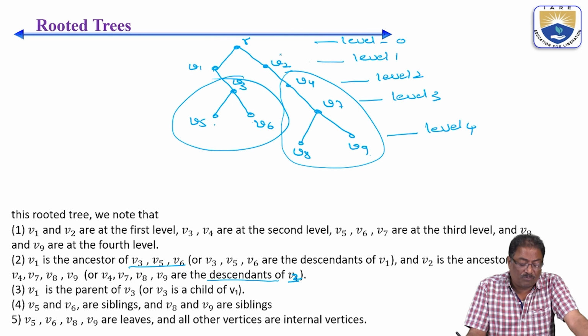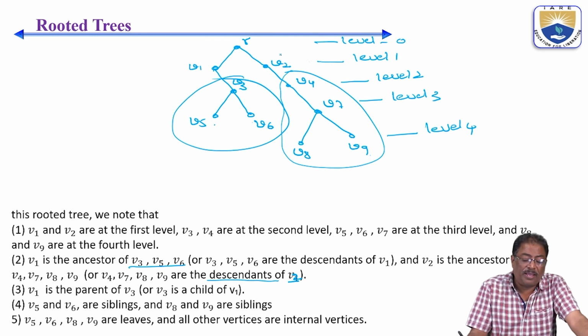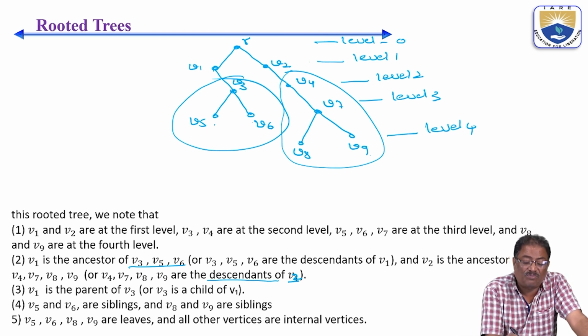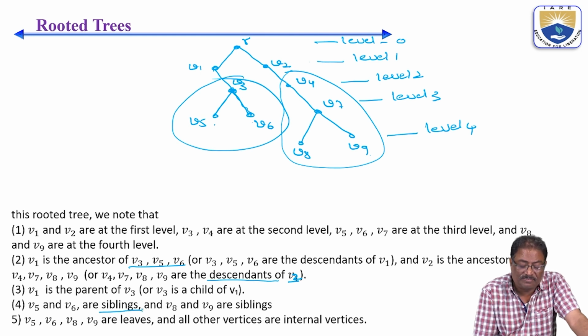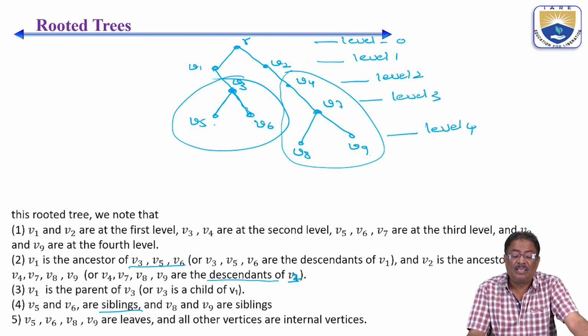And next, V1 is the parent of V3, and V3 is the child of V1. And V5, V6, which are children of V3, we can say that they are siblings. And similarly, V8, V9 are siblings.